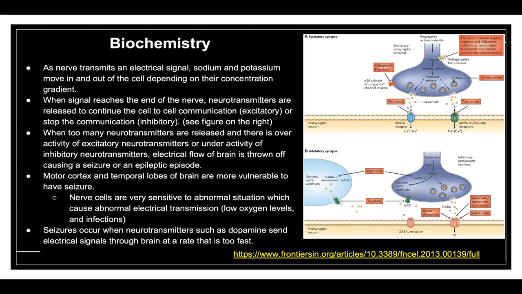Because the nerve cells in that area are very sensitive to abnormal situations, which cause abnormal electrical transmission due to low levels of oxygen, and also because of infections. So seizures occur when neurotransmitters such as dopamine send electrical signals through the brain at a rate that is way too fast, and that causes seizures.